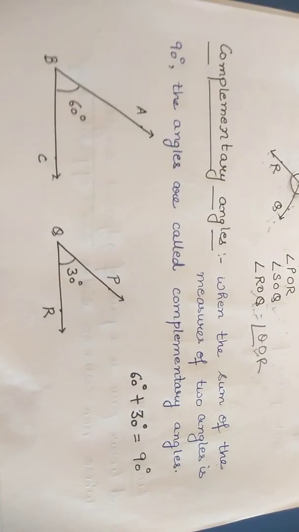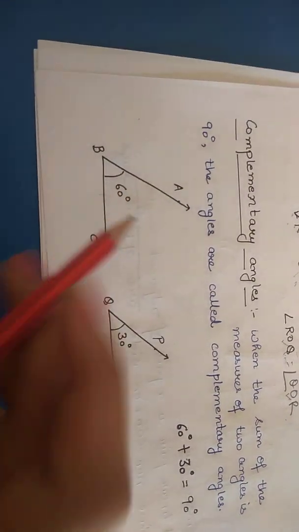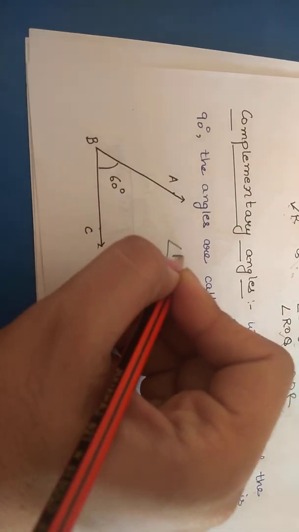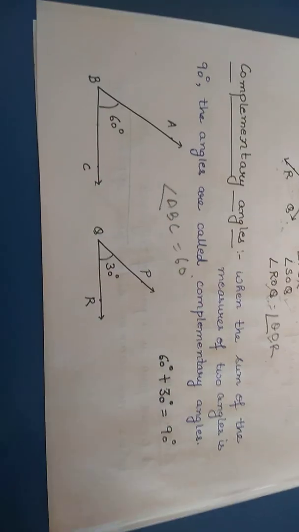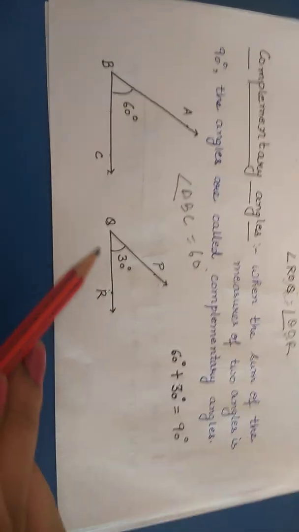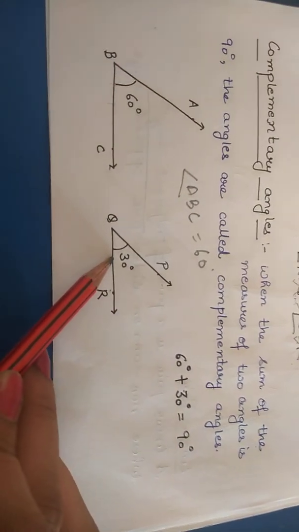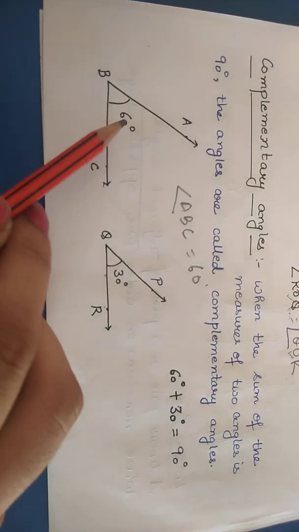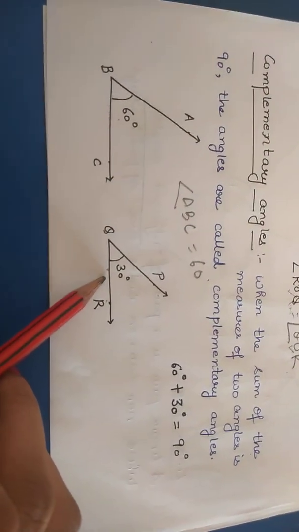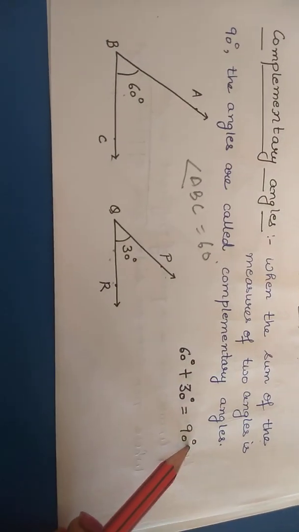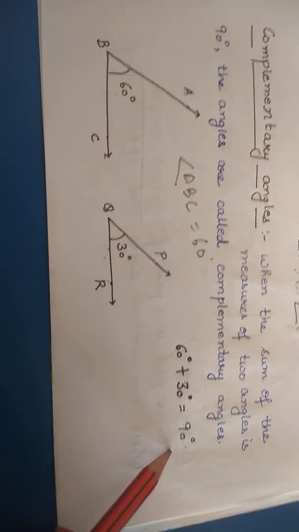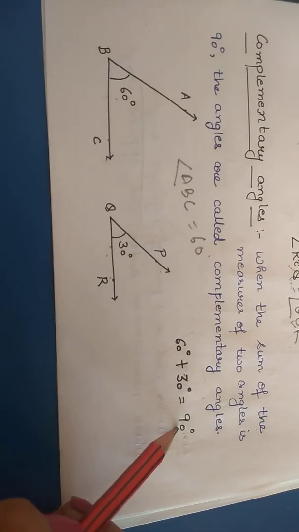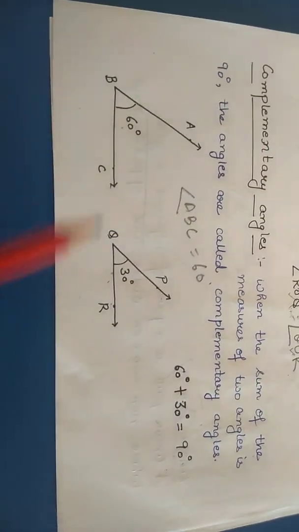Now see, this angle ABC is equal to 60 degrees and angle PQR is equal to 30 degrees. And when you add the two angles, 60 plus 30, which is equal to 90 degrees. So when the measure of two angles gives you 90 degrees, then you can say that these two angles are complementary angles.